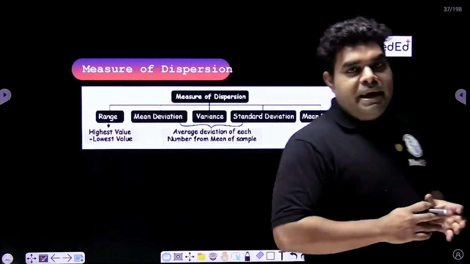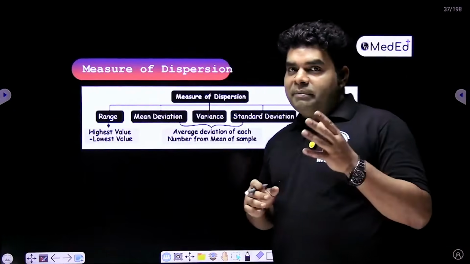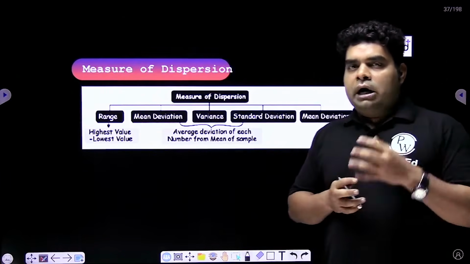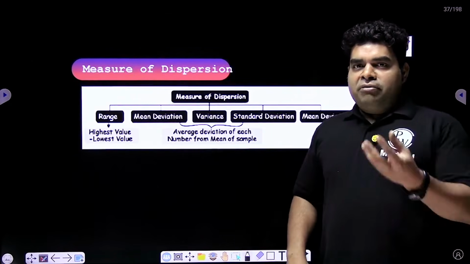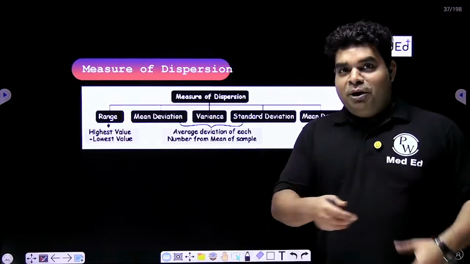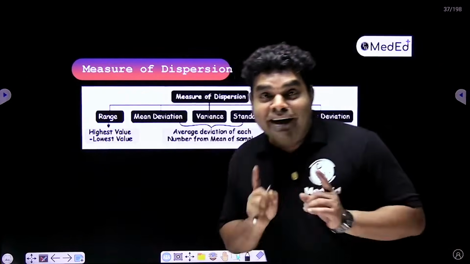Now let's talk about measure of dispersion, a topic which we think is very tough, but is actually very simple. Tell me one thing, how do you like your raita, in a katori or spread on the table? Which type of curd you like, in katori or spread on table? Of course, in katori, because if it is spread on table, how will you eat it? Very difficult to eat.